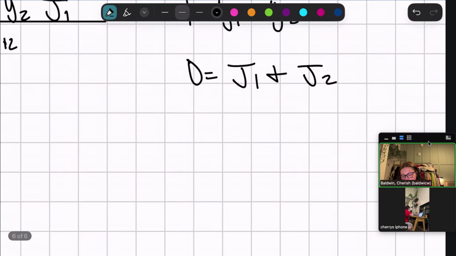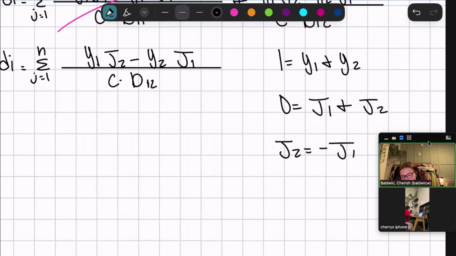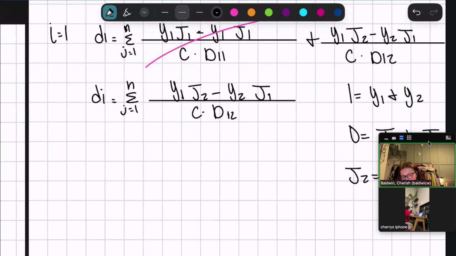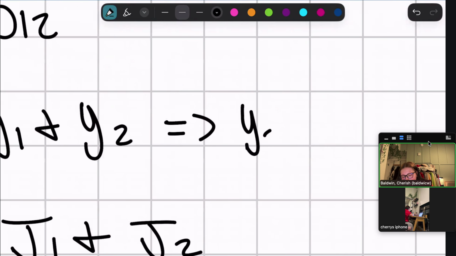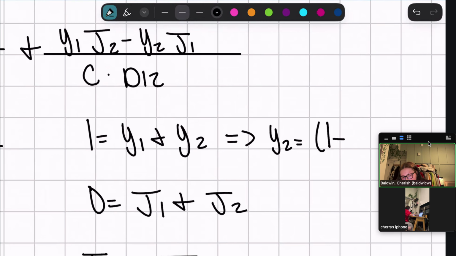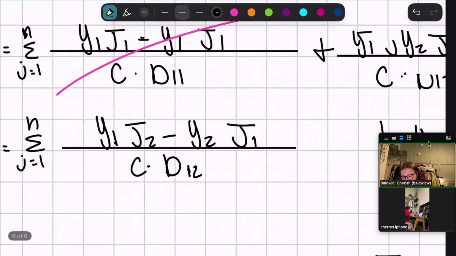So diffusive flux of 2 is equal to negative diffusive flux of 1. So we can implement this into the equation, or let's rearrange this one too. y2 is equal to 1 minus y1. Alright, so now let's put this into the equation.